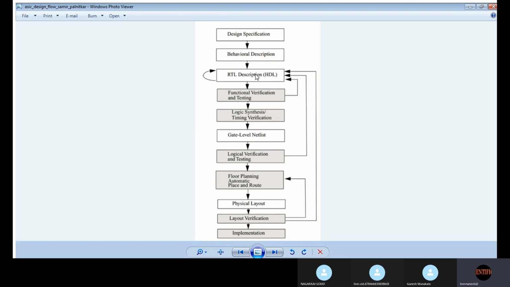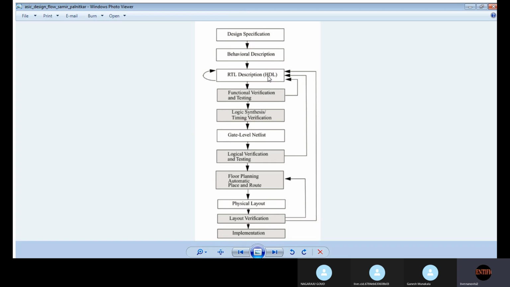So RTL description, RTL engineers, RTL designers, there is a role of RTL designers in many VLSI companies, right? So and so company is hiring RTL designers. The RTL designer's role is just writing the Verilog code for any particular design.